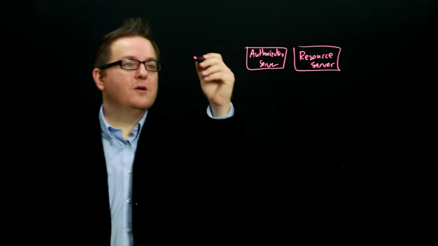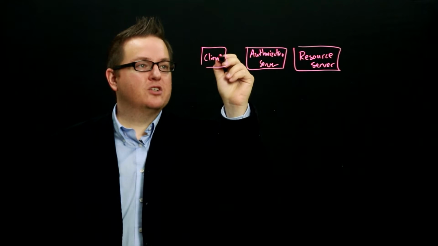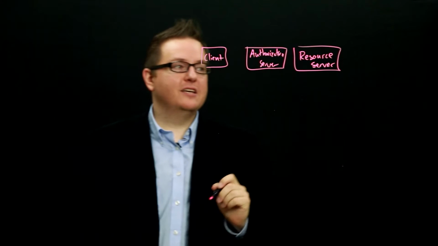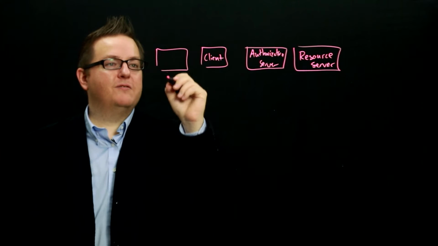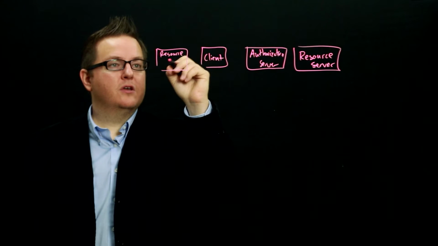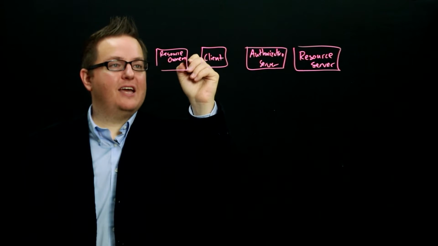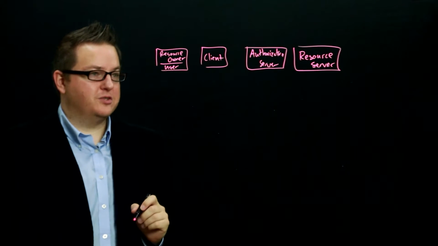Then we have the client that is going to be trying to get access to some particular resource. And then finally, we have the resource owner, which you can think of as our users. So we're going to also say that this is a user.